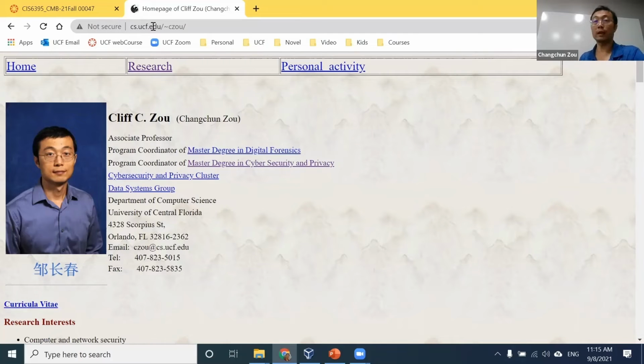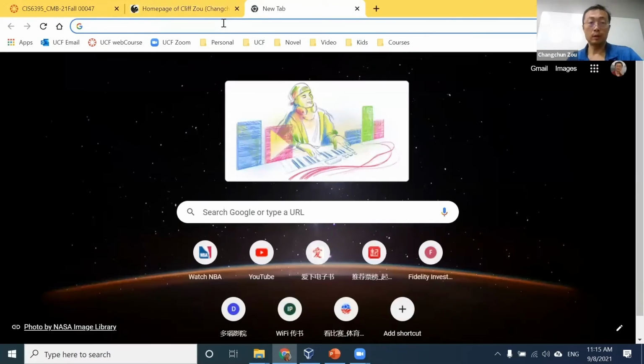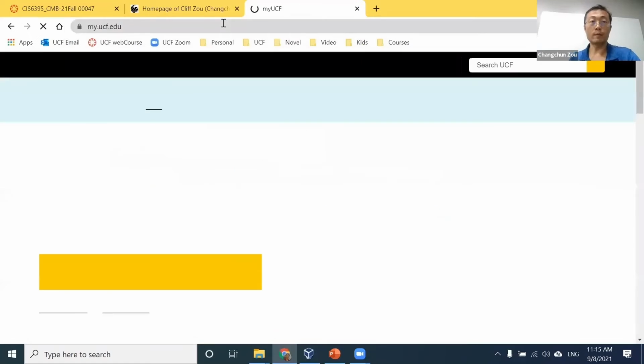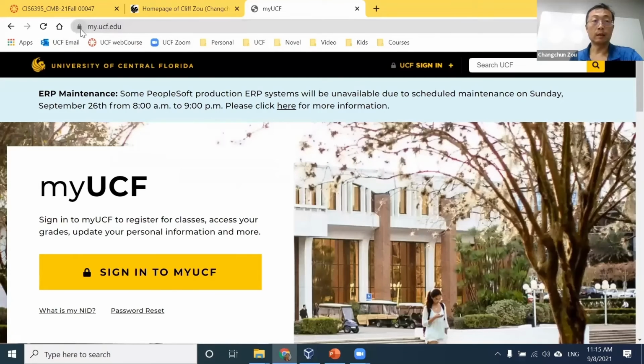Unencrypted web connection means that if an attacker can capture your traffic, they can totally recover every action you have done on the browser. But if you connect to a web server and it shows a lock, that means this is an HTTPS connection, and the server's certificate has been verified.